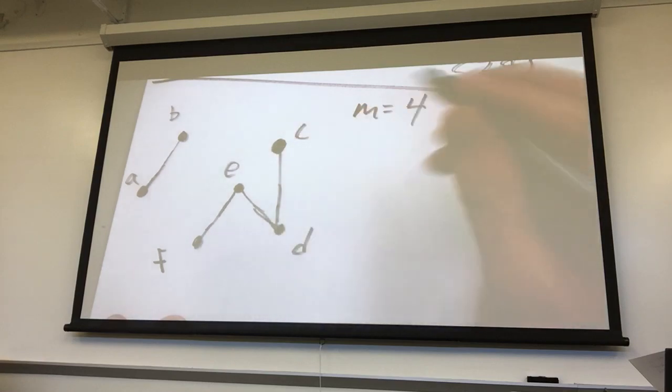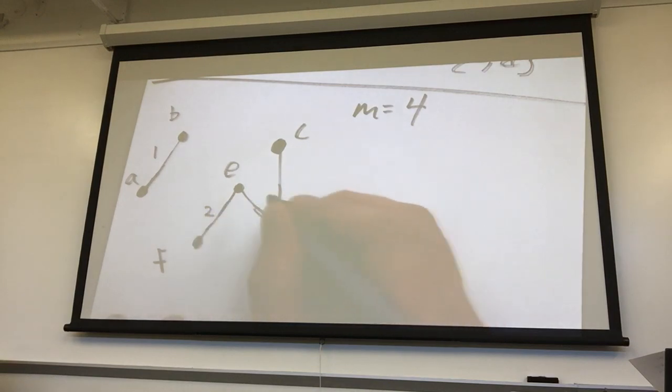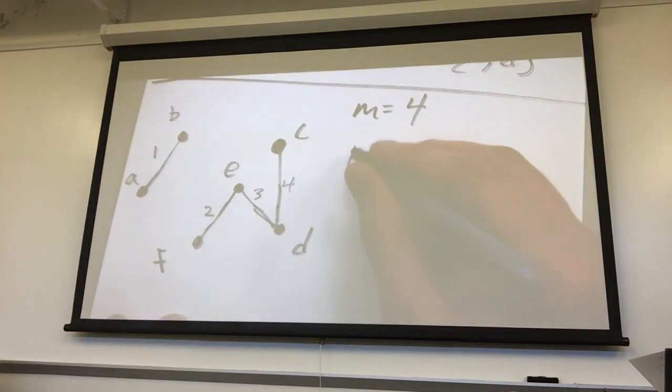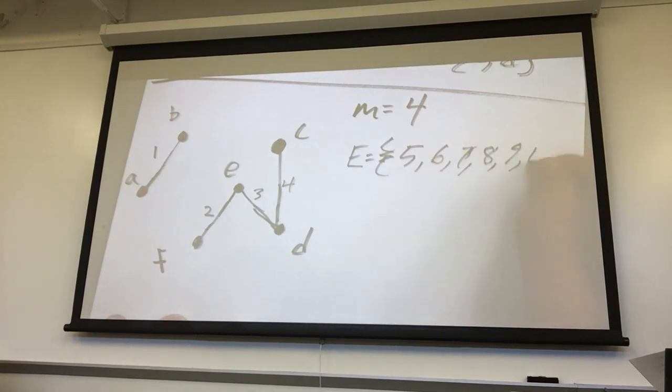And then C, this would be 1, 2, 3, and 4. And E would become 5, 6, 7, 8, 9, 10.